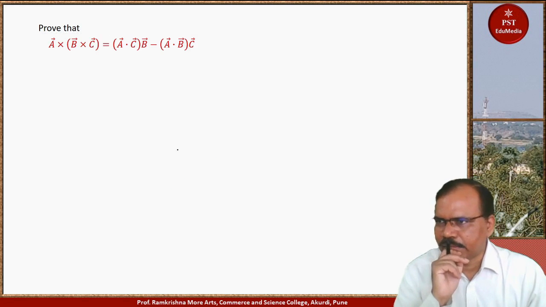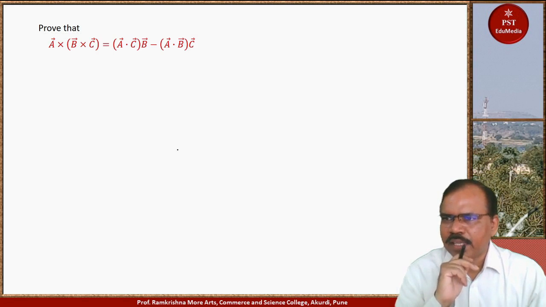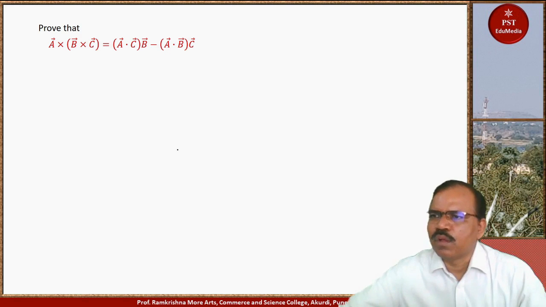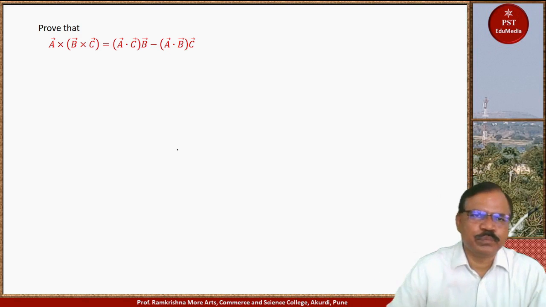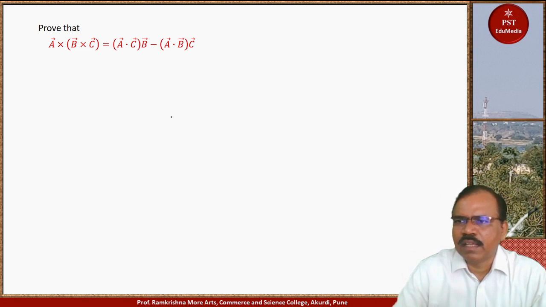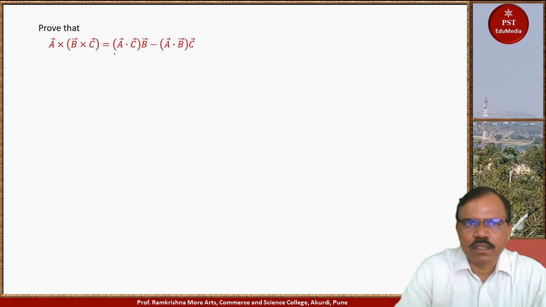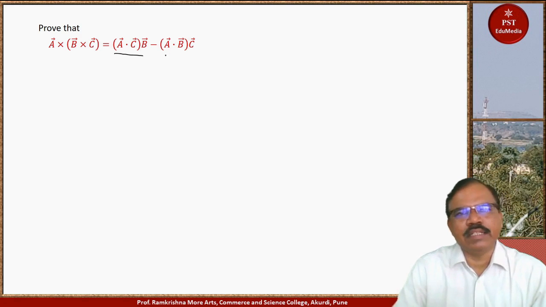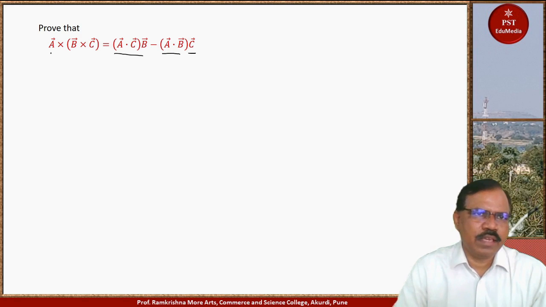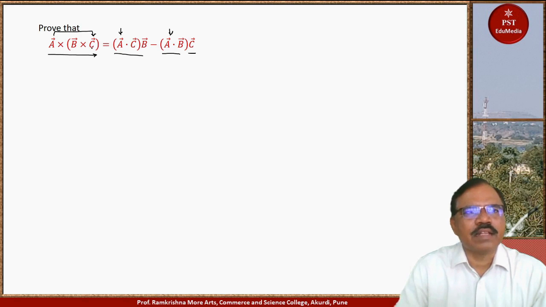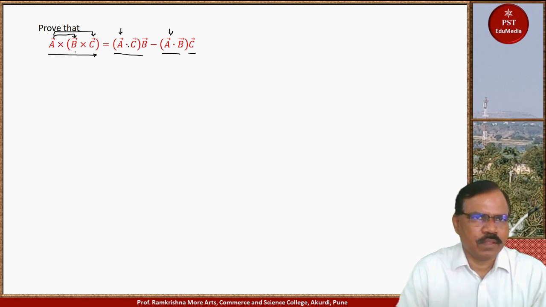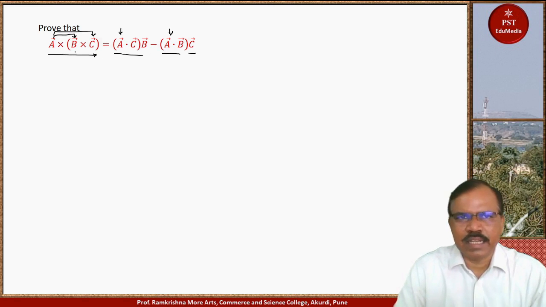Now we'll go to the next condition. Prove that A cross B cross C will be equal to, now see here, it is given A dot C multiplied by B minus A dot B multiplied by C. So first take the dot product of A with C and then multiply by B, minus A dot B and then multiply by C. A dot C is a scalar quantity, A dot B is a scalar quantity.